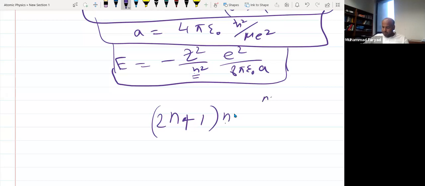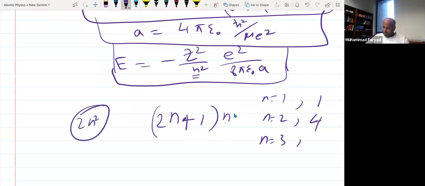So for n is equal to 1, there is 1. For n is equal to 2, there is 4. For n is equal to 3, there has to be 9, I think it comes out to n square.